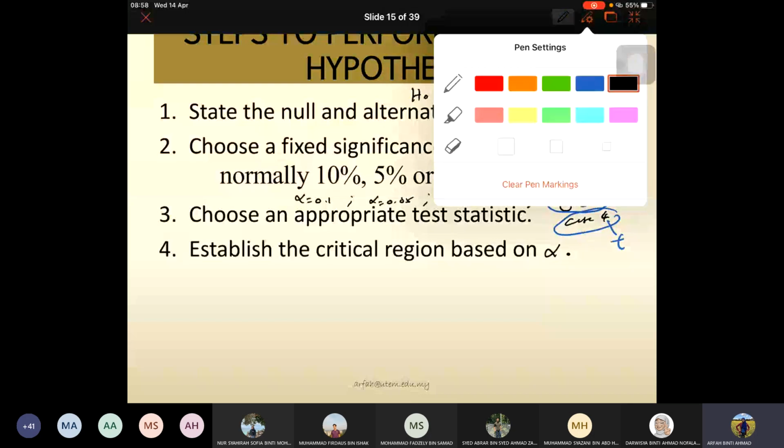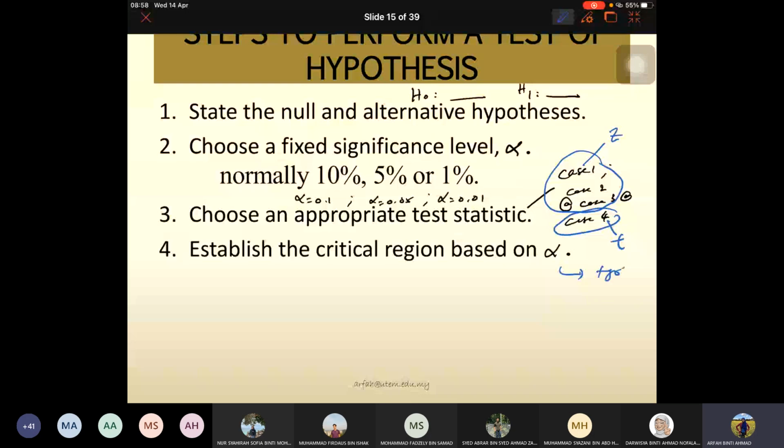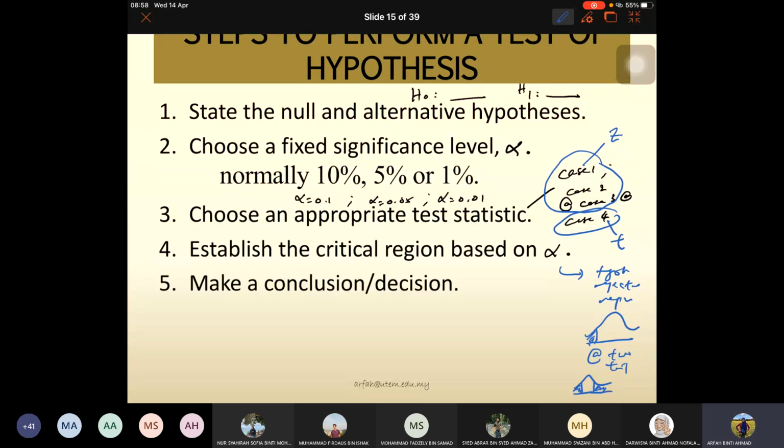So yang ini tengok rejection region. Okay. Maksudnya awak ada one tail atau two tail, like this. Okay. Then baru buat decision. Establish the critical region based on alpha.